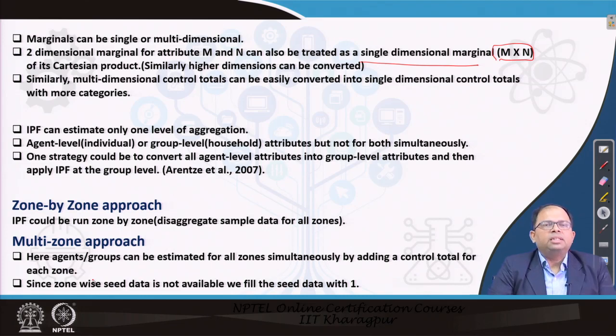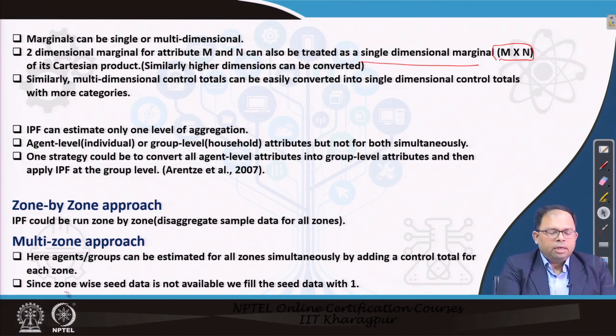That means first we determine the IPF for the entire urban area, we determine demographic groups for the entire urban area, and then taking zone as one level, adding another level, we can again divide this population into different zones.